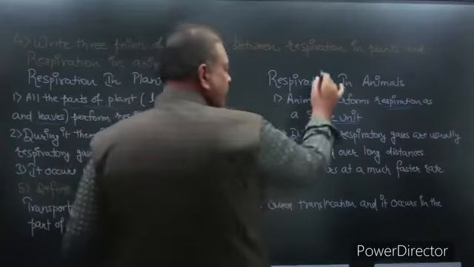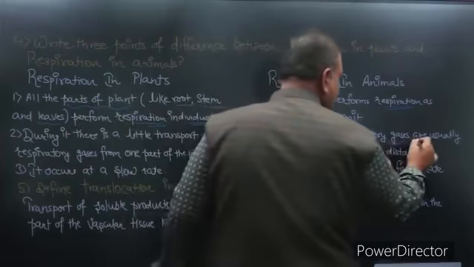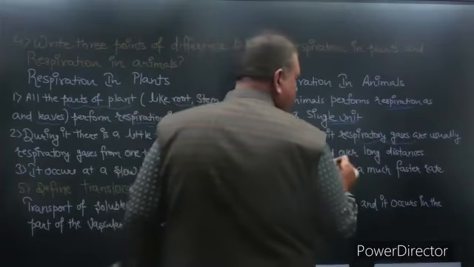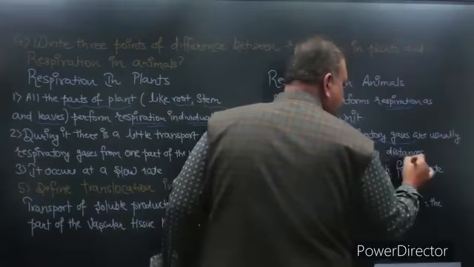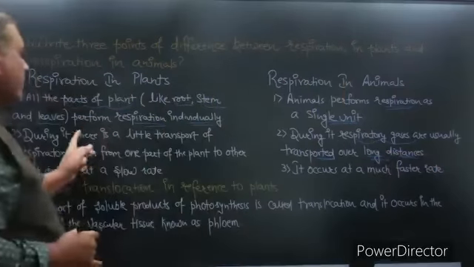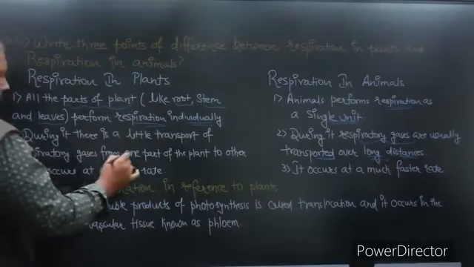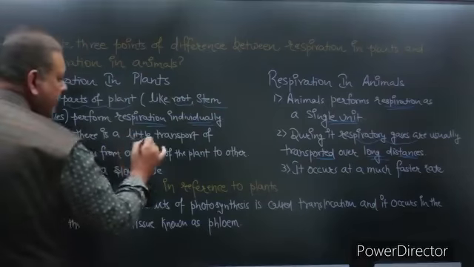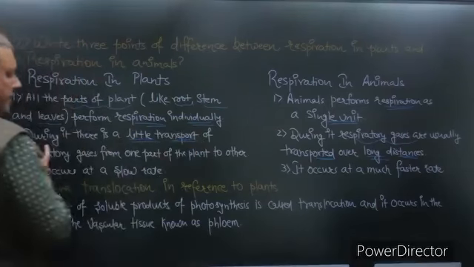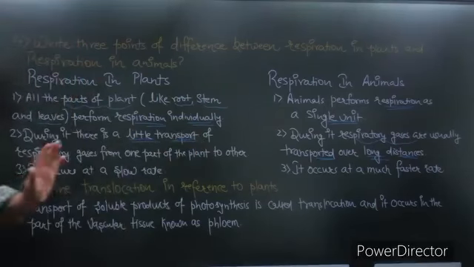So during the respiration in animal, respiratory gases are usually transported over long distances, whereas in case of plant there is a very little transport of respiratory gases from one part to another.